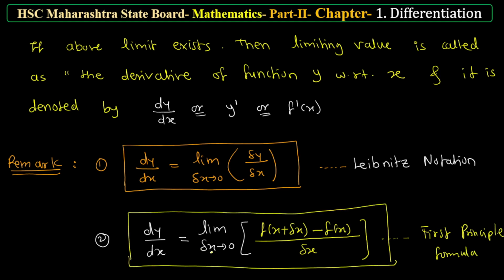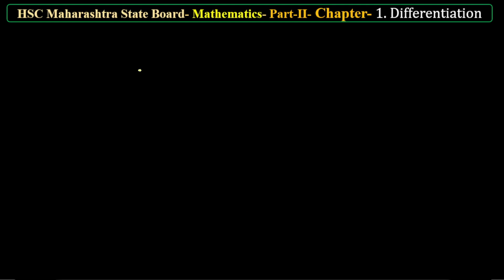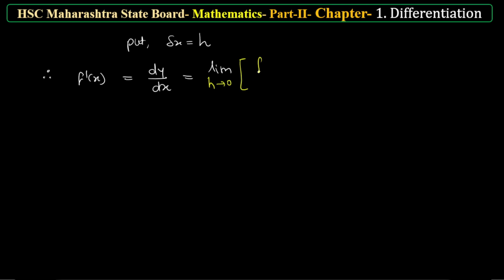Suppose we put delta x is equal to h, then the above formula becomes f dash of x or dy upon dx is equal to limit h tends to 0 of f of x plus h minus f of x divided by h.